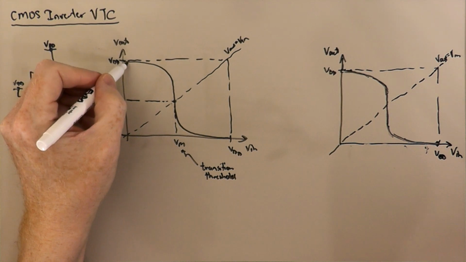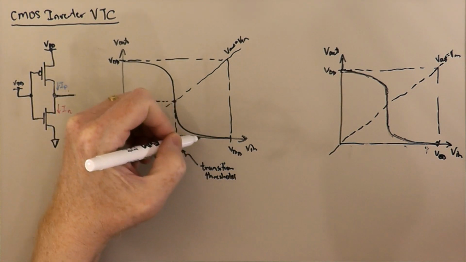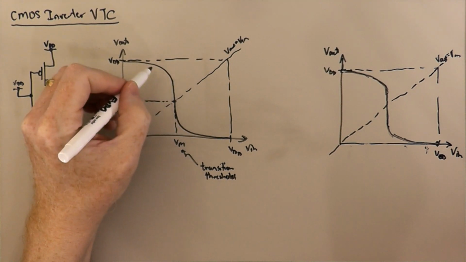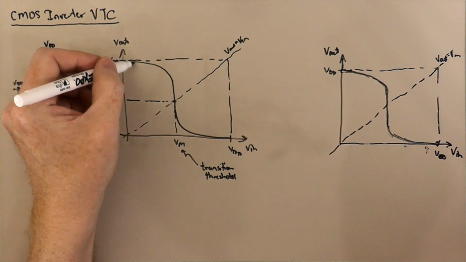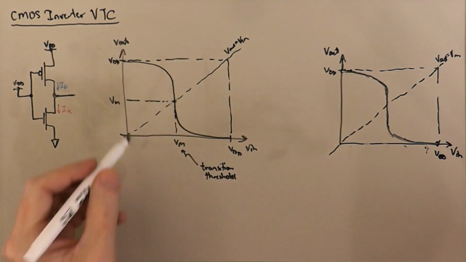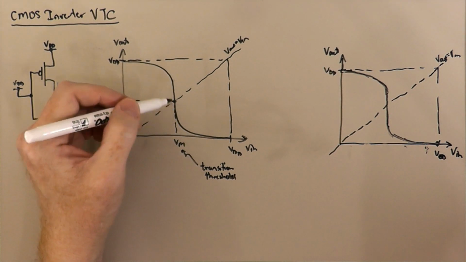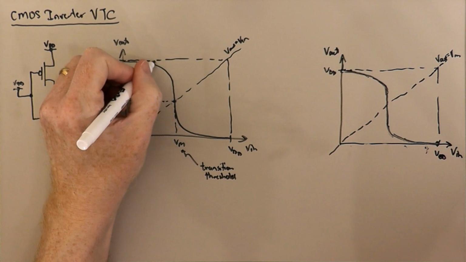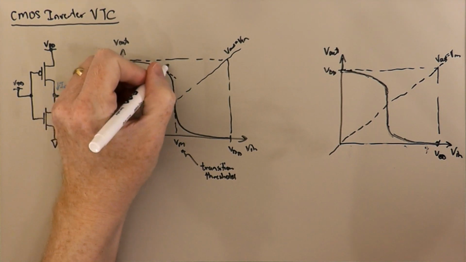The slope of the tangent line to this characteristic is always negative, right? So it's always sloped down. And there will be a place, so here the slope is almost 0, and here the slope is almost 0, very small. Here the slope is actually quite steep. There will be a place in between where the slope of the tangent line is -1.